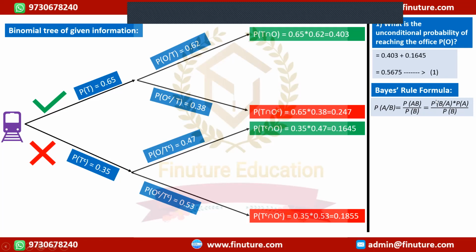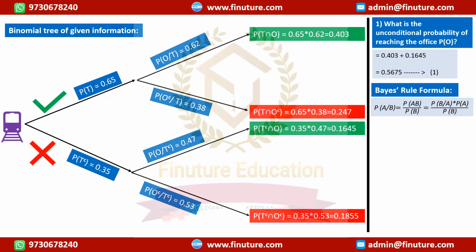So this is a bit tricky formula. If you plot your binomial tree, it could be a very easy thing for you. Otherwise, the formula can be confusing at instances. That's why it is always recommended that you plot the binomial tree and then calculate the given conditional probability.